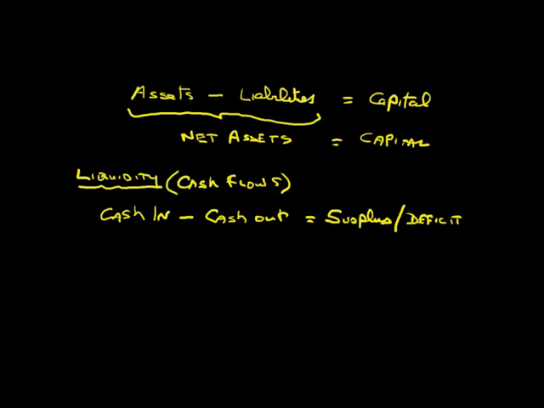Cash flows and liquidity are very important for government. Cash in for a government would usually be taxes of various descriptions. The cash out would be paying civil servants' salaries and running hospitals and schools, the police force, and all the things that governments have to spend money on.